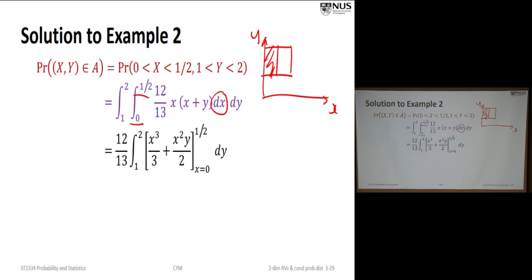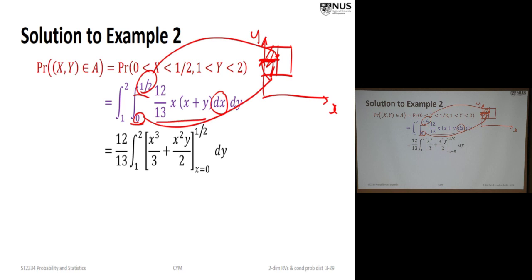So I integrate x first, that means I fix y, a y value fixed. So I integrate over here. The starting point is x equals 0, and the upper limit is x equal to half, up to this one. So I sum up all the density over this line.